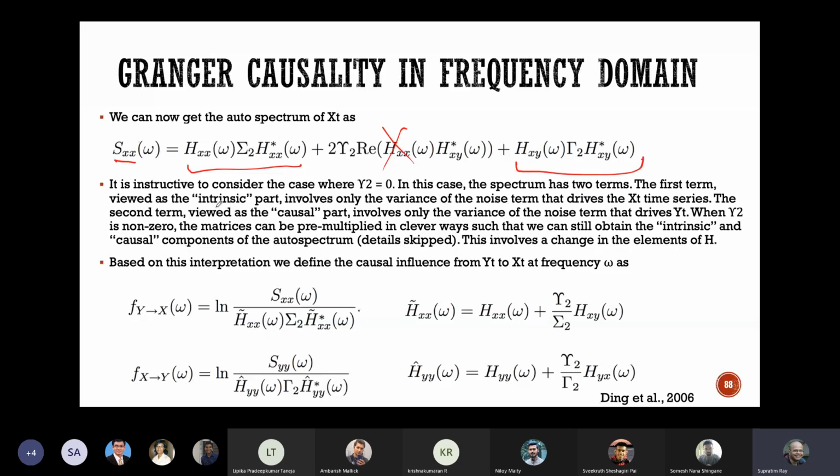What does this mean? The first term doesn't depend on y at all. This is the intrinsic part. The energy of the signal here is decomposed into one part, which is intrinsic because it doesn't depend on y, but there is another part which does depend on y.